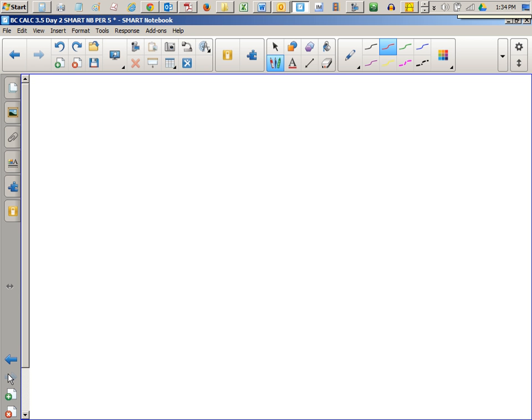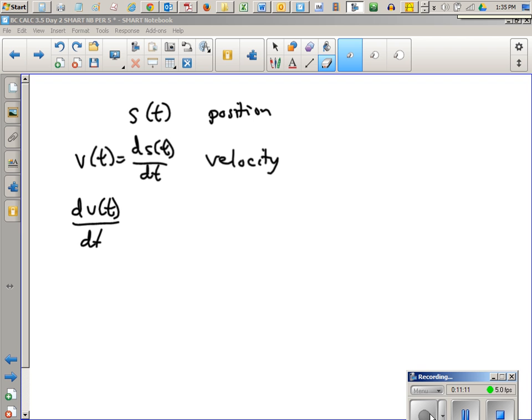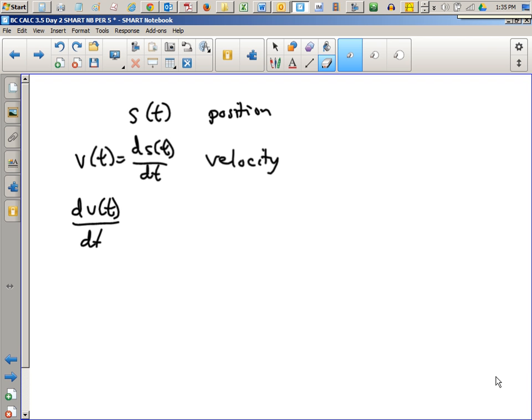I want to remind you from the last video that S is often the position function, and the derivative of S with respect to time is the velocity function. And if you take the derivative of velocity, okay, and then the derivative of velocity is also called what?